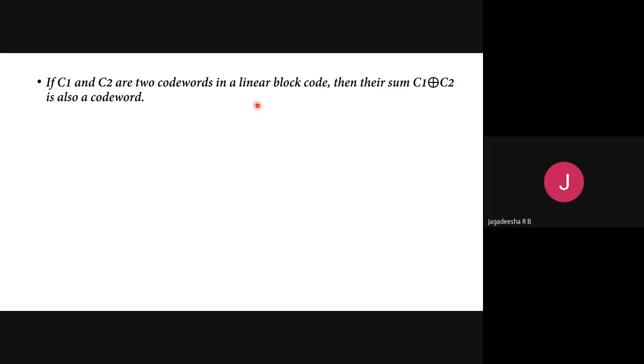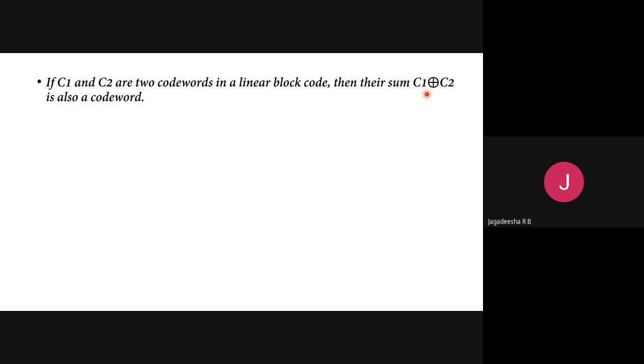In the case of the linear property, we have witnessed that when we have two or more code words and we add them up, then the resulting vector should be one of the elements in the code word set initially, right? That means that's also a code word. So a linear block code also exhibits that linear property.